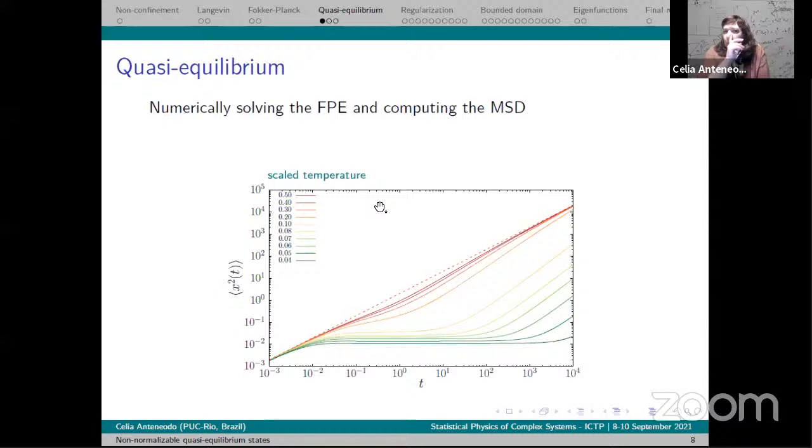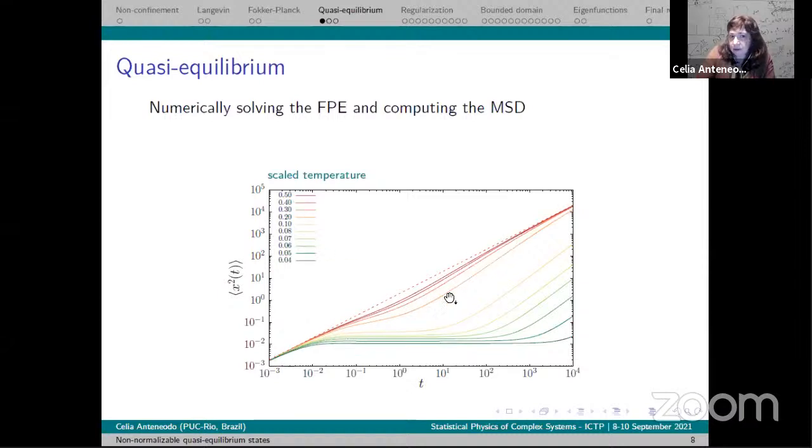So when we solve numerically the Fokker-Planck equation and compute quantities, for instance the mean square displacement, we see that this is the scaled temperature. For high temperature, of course, the potential is irrelevant, and we see a behavior of free particles.